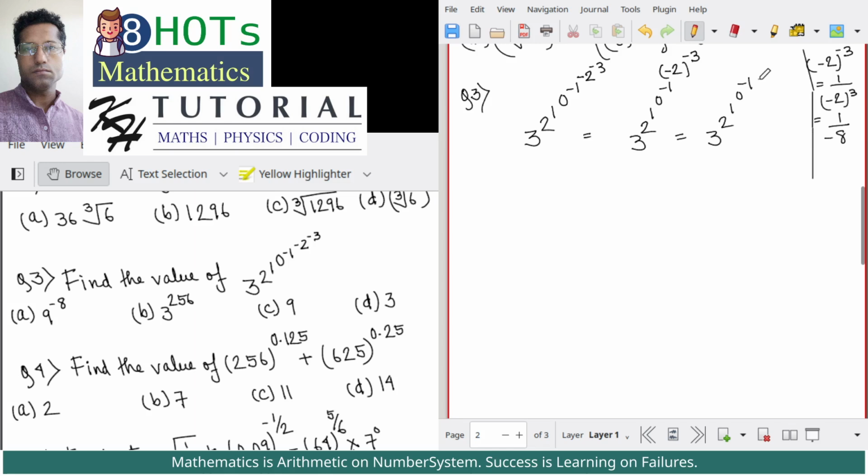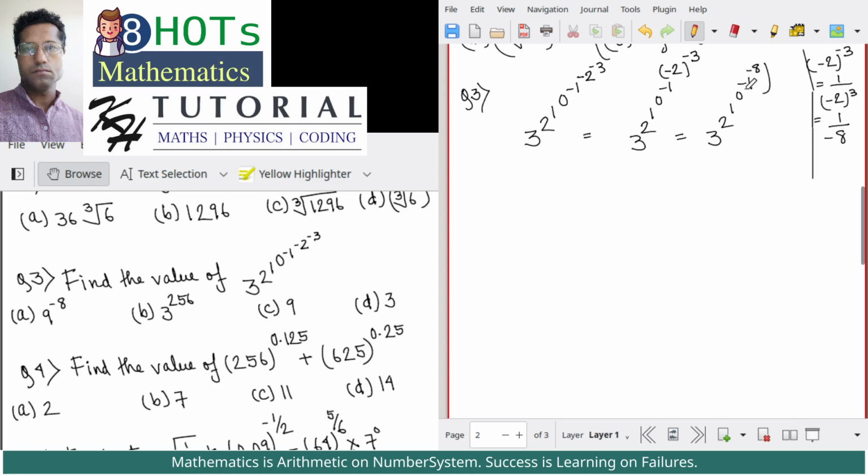So the power of minus 1 is minus 8. So minus 1 is raised to the power minus 8.